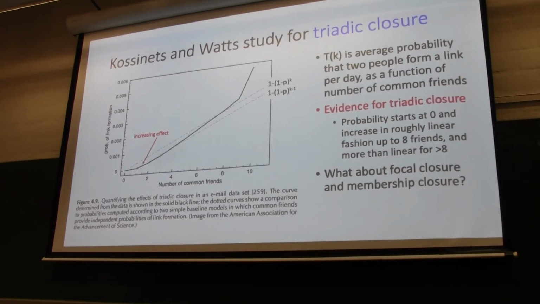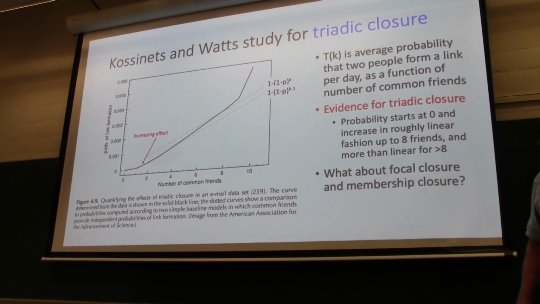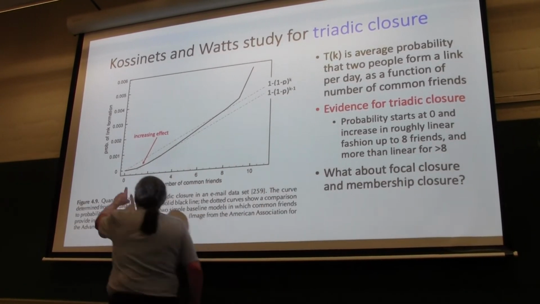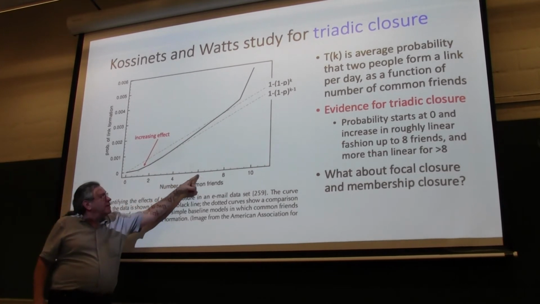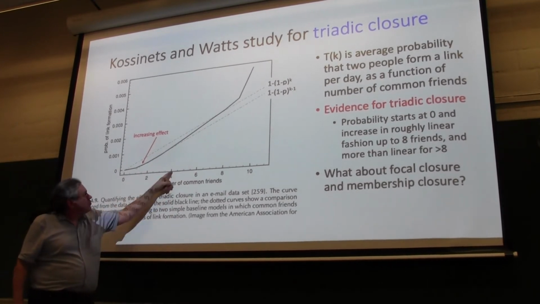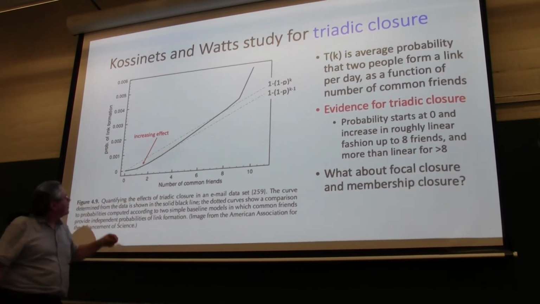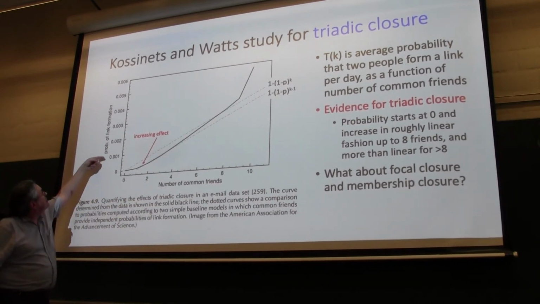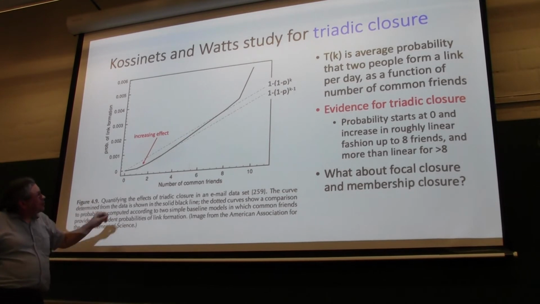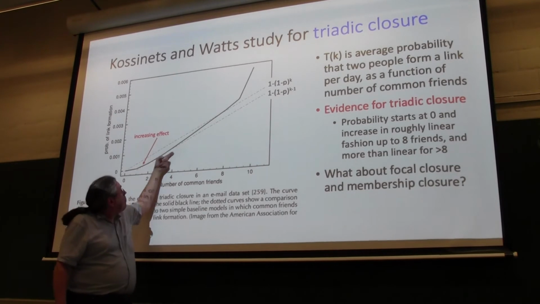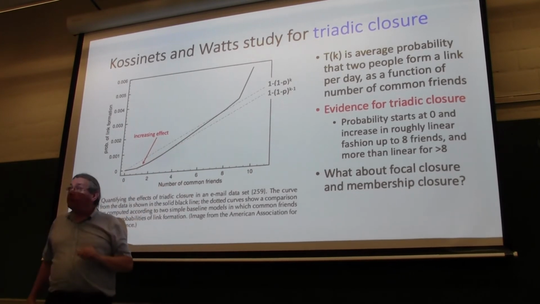So here you go, here's the result. And this is actually showing triadic closure. Here is the number of common friends: 1, 2, 3. It looks like it's fractional, but in fact only the integers are important here. And here's the probability that they become friends. You see that if they have more common friends, then there's a higher probability they become friends.